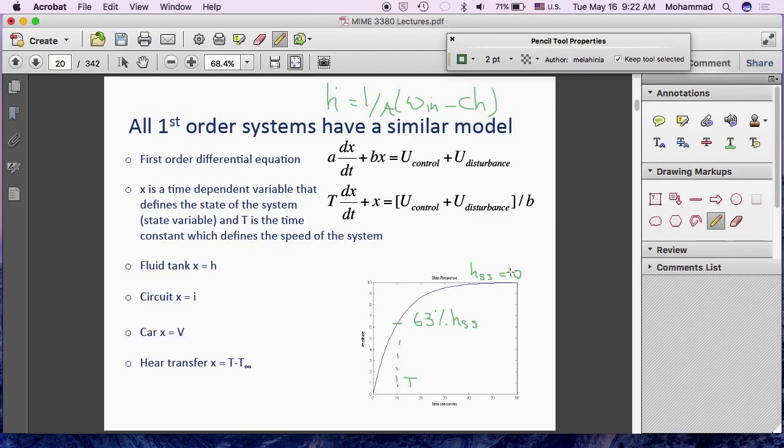This is a typical first order system. So if you want a very fast tank, you want to do what with your T? Are you increasing T or reducing T, if you want a fast tank? Reducing. So if you bring the time constant down, you're making the system faster. Can you see that? Okay.